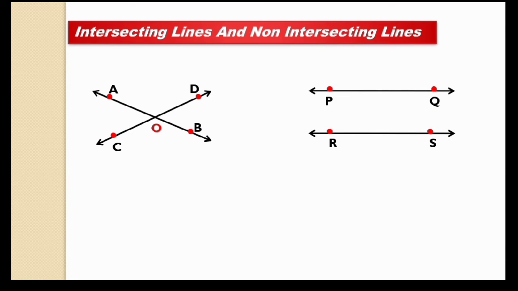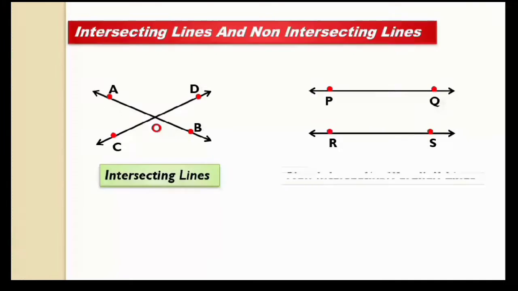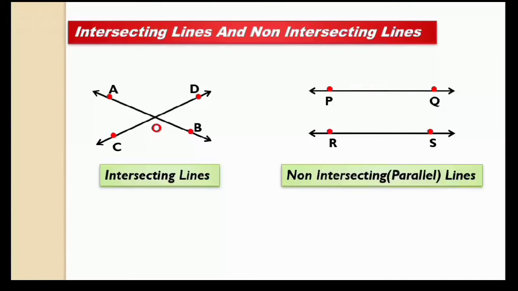Student, if we draw two lines on any surface, there are two possibilities. Either both the lines intersect each other, or both the lines are parallel to each other, which means they will not intersect each other.